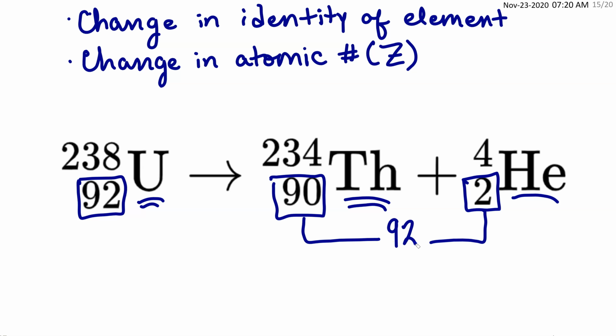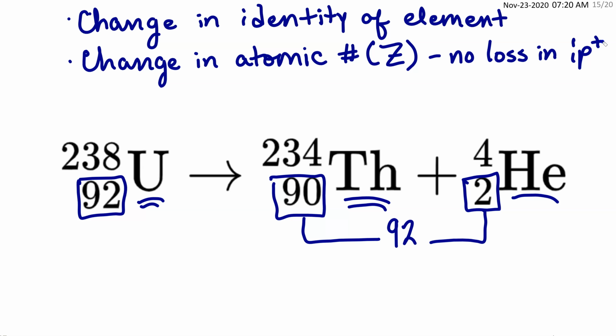So there's no loss in the number of protons. It's just they change a little bit. And that's going to be particularly important. There's no loss in the number of protons.